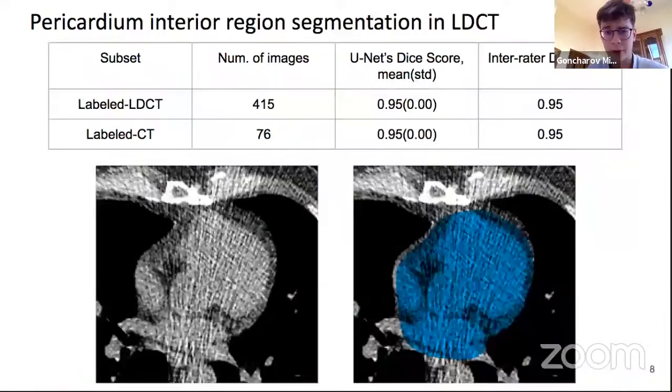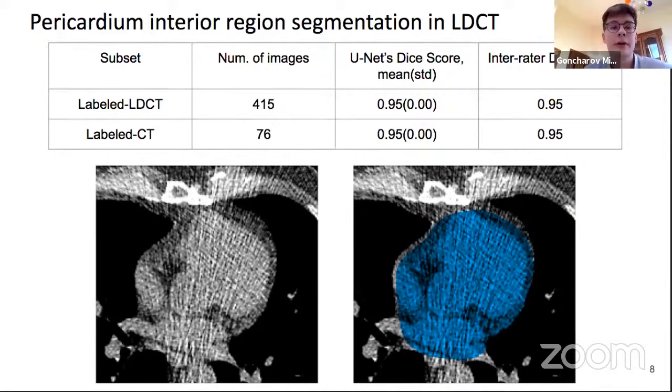For this purpose, we first collected a data set which contains about 400 low dose CT images and 76 full dose CT images. Then we asked 10 radiologists to annotate pericardiums in these images. And then we trained a UNet model for segmentation of pericardium interior region. And we assessed its quality in stratified cross-validation on this united data set.